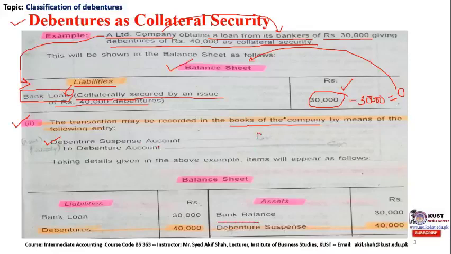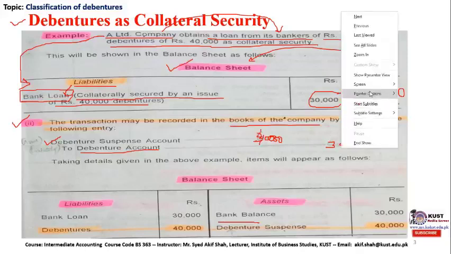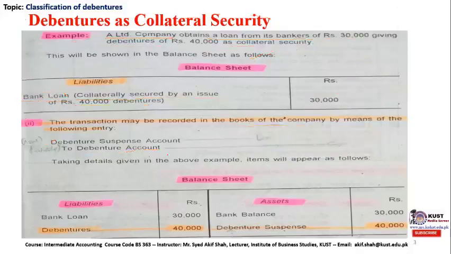Debenture suspense account will be debited by 30,000 in our prevailing example, and the debenture account, which is a liability of the company, will be credited by, not 30,000, sorry, the debentures issued to the bank were 40,000. So the company is required to record this entry, if it would like to record it, by 40,000 rupees, because the debentures issued were worth 40,000.